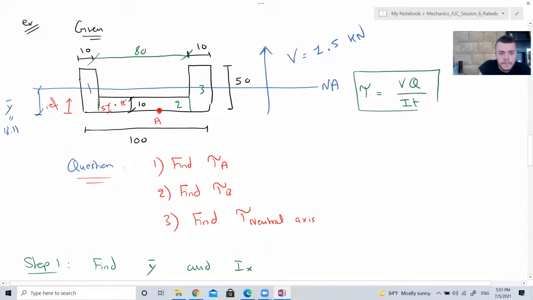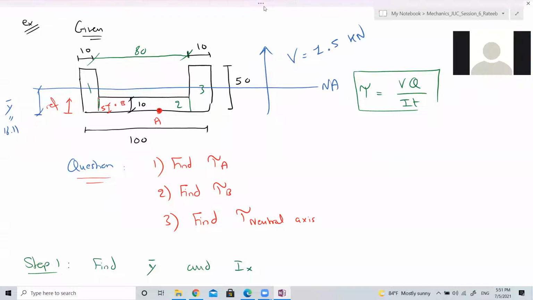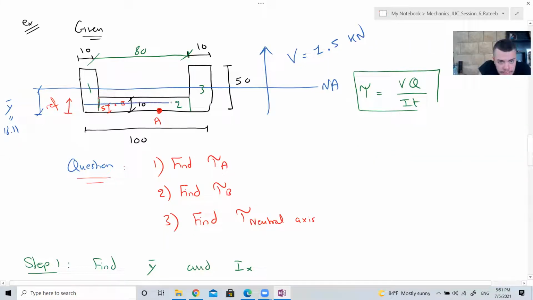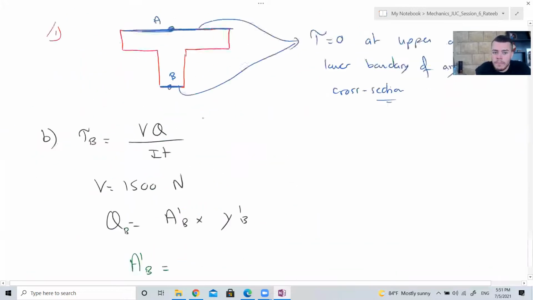This is point B. Is it easier to work with the upper area or the lower area? The lower, of course. So if you draw a horizontal line like this, it's easier to work with this area. So this is going to be your area prime.